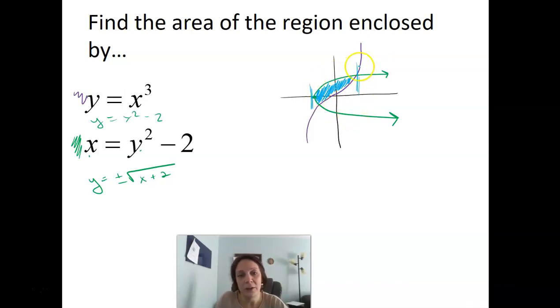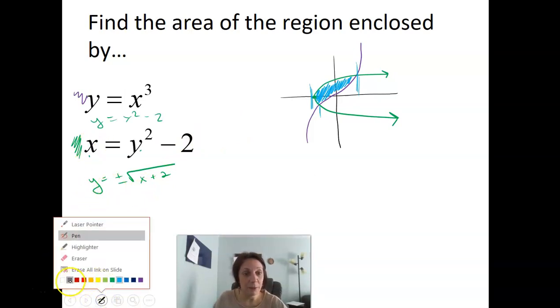It's this positive root x plus 2. My lower boundary, though, not so much. It's negative root x plus 2 up till this point right here, and then it switches to the x cubed. And I can do that. I can make a boundary switch. No big deal. But why would I when I could draw a horizontal rectangle?